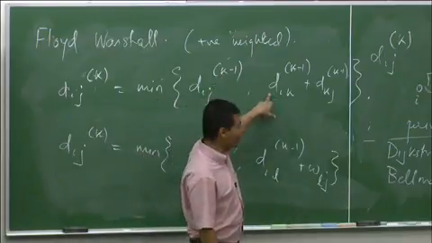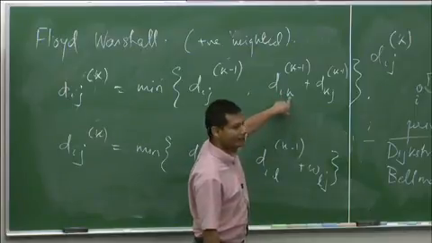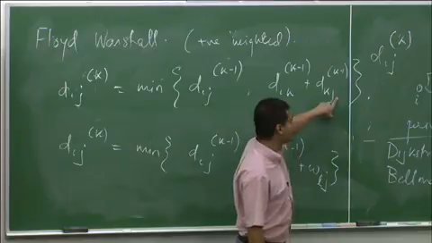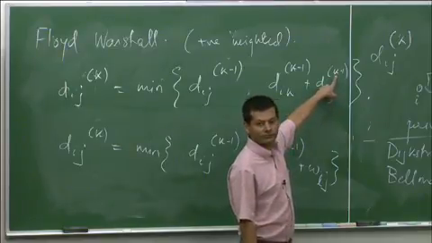And if you do go through k, then you have to go from i to k using nodes 1 through k minus 1, and then from k to j once again using nodes from k minus 1.